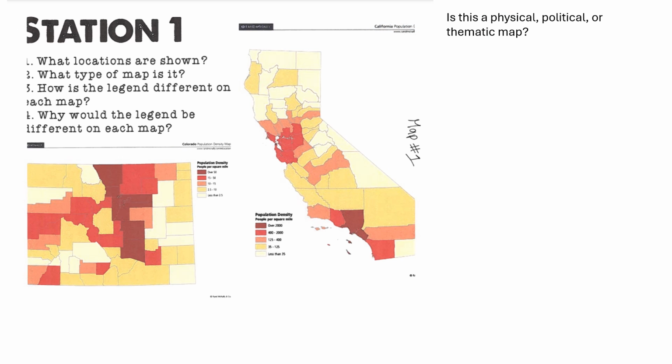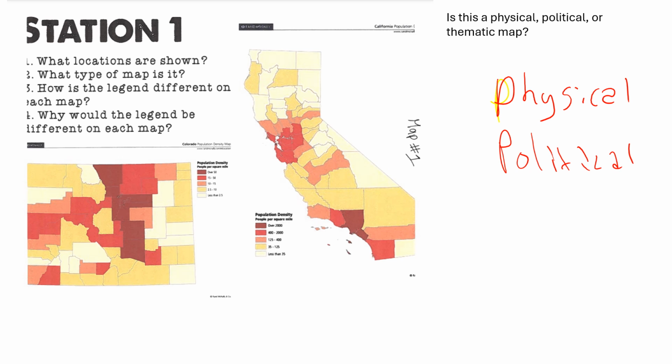Question number 2. Is this a physical, a political, or a thematic map? Now remember, a physical map shows landforms, bodies of water. A political map usually shows man-made items such as roads, streets, capitals, cities, things like that.